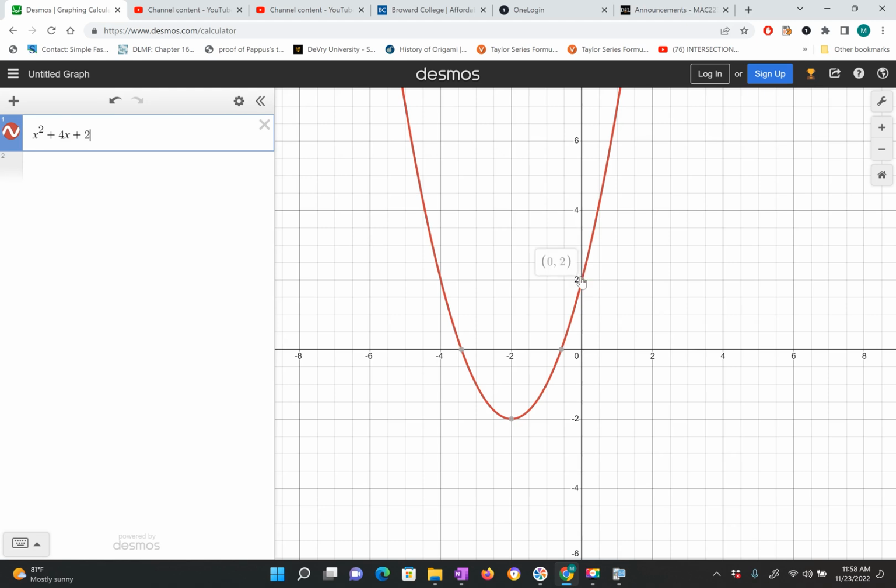So if you notice at 0, I'm at 2. So the absolute minimum in this case would be x is 0, y is 2. Because from 0 to infinity, this keeps going up and up and up. It would be max after that.